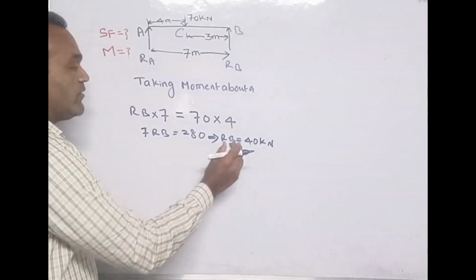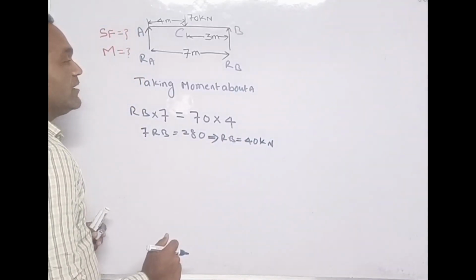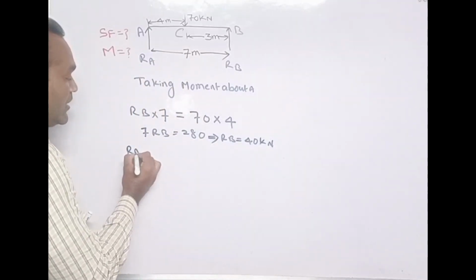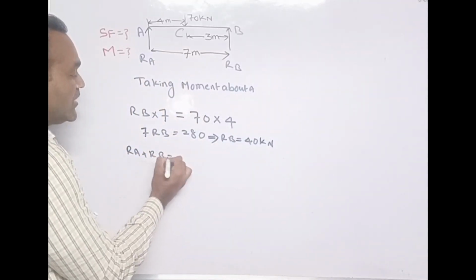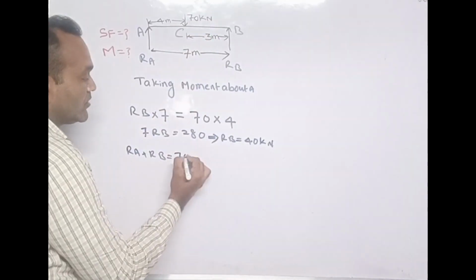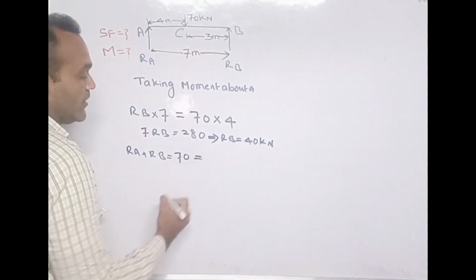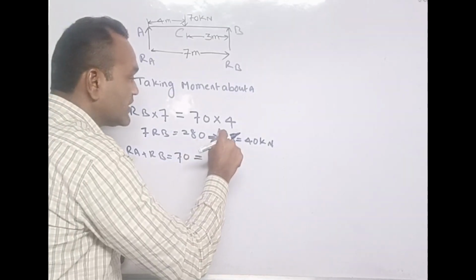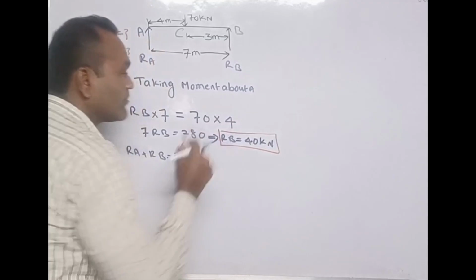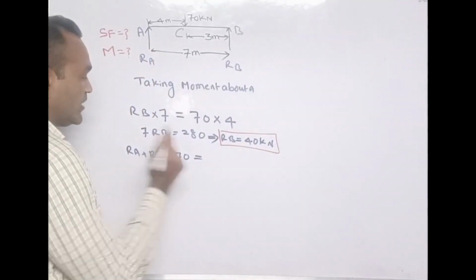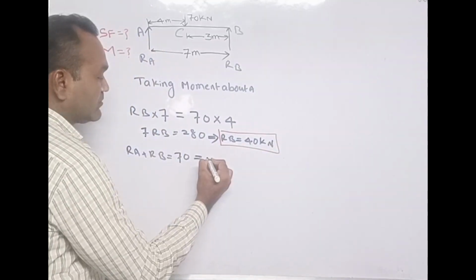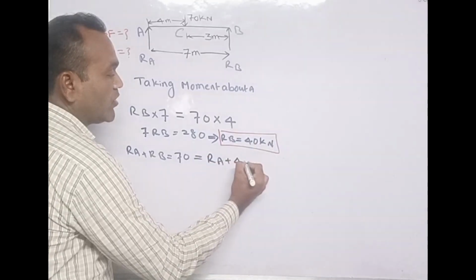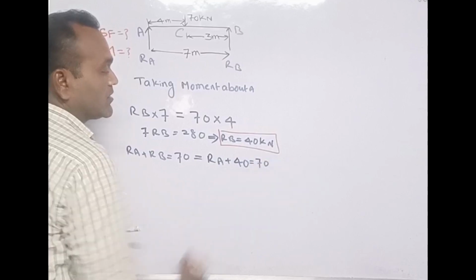Since the unit is kilonewton, it will be 40 kilonewton. If we have got RB, then it's very easy to find RA. How? RA plus RB equals to the total load 70. We have got the value of RB, so we will substitute here. RA plus 40 equals to 70.